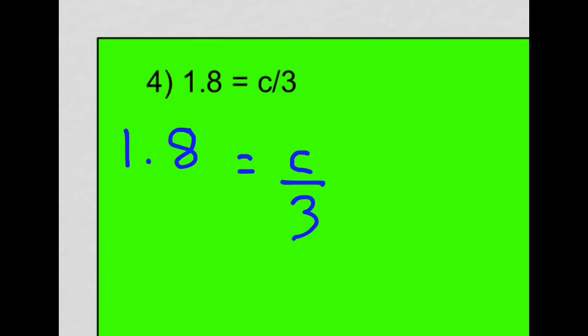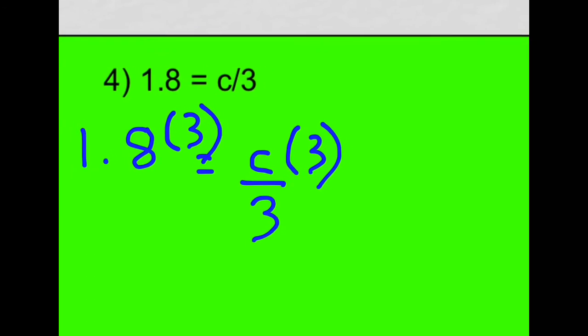The opposite of divide by 3 is to multiply by 3. And do the same thing on the other side of the equal sign, multiply by 3. Let's do 1 8/10 times 3. I might not know that with mental math, so I'm going to scooch on over. 1 8/10 times 3.